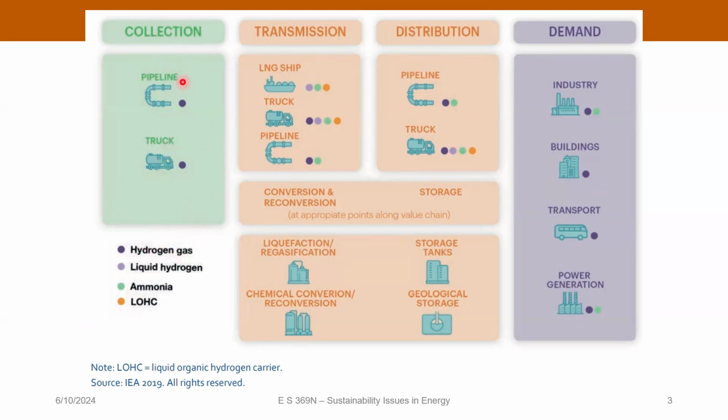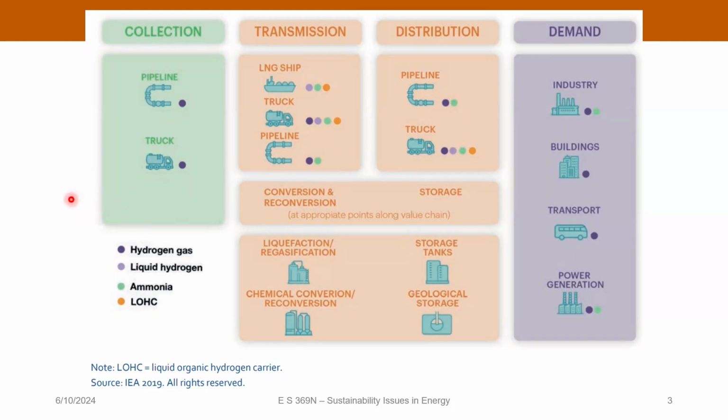For pipeline, for example, you can use hydrogen gas, but you can also transport hydrogen in the form of ammonia through pipelines or trucks or boats. We'll talk about, in this lecture and then the next one that I'll post later, the different methods for getting those different forms of hydrogen and then how we move them around.